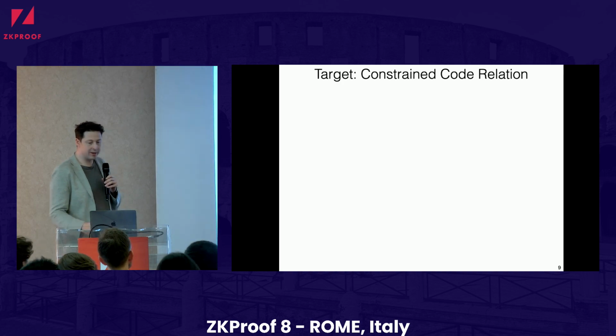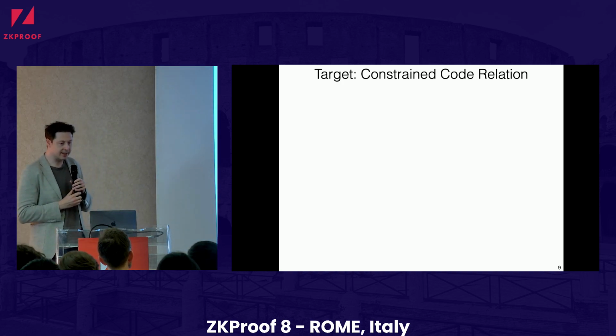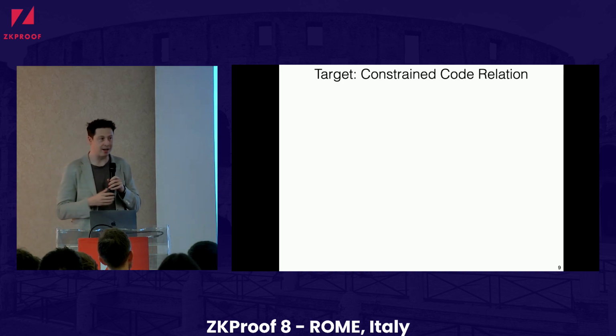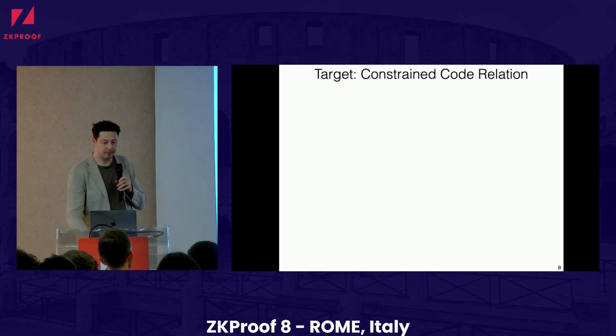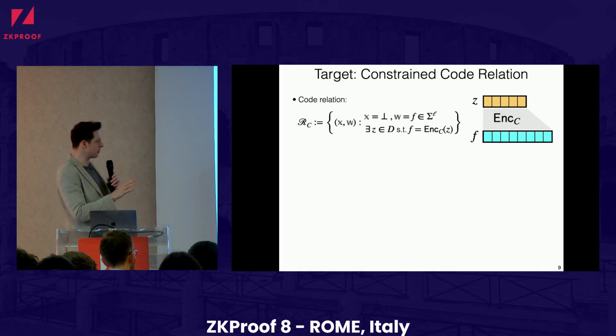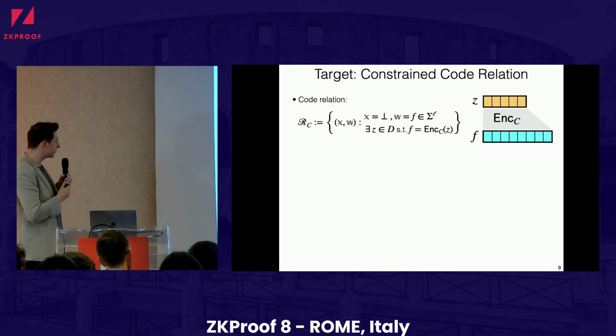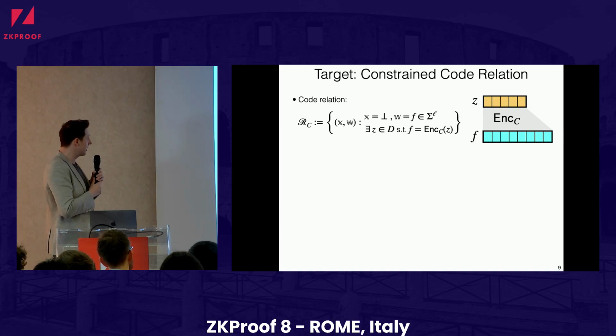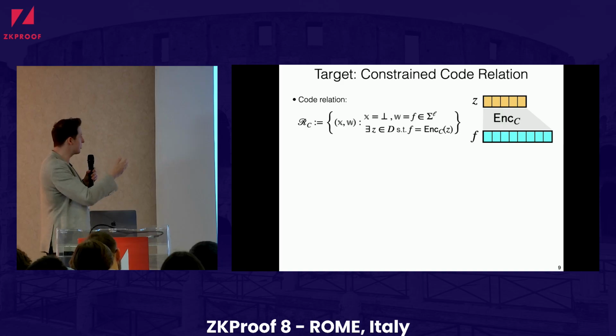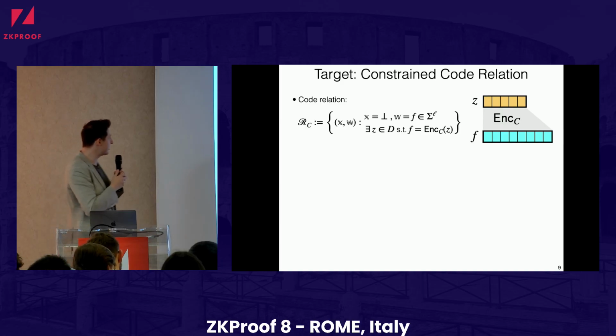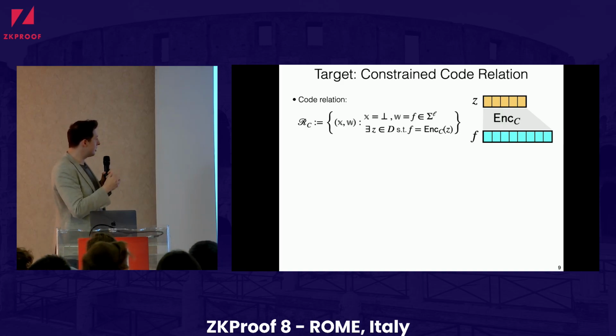Okay, so I want to define more precisely what are these encoded relations that we're going to use. So this is not the relation we're going to use, but it's a warm-up to it. The relations that allow for proximity testing are things of this sort. You have some message here called Z. You encode it into a code word F, right?